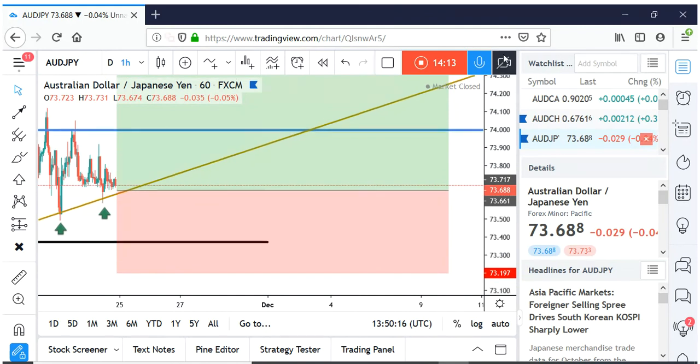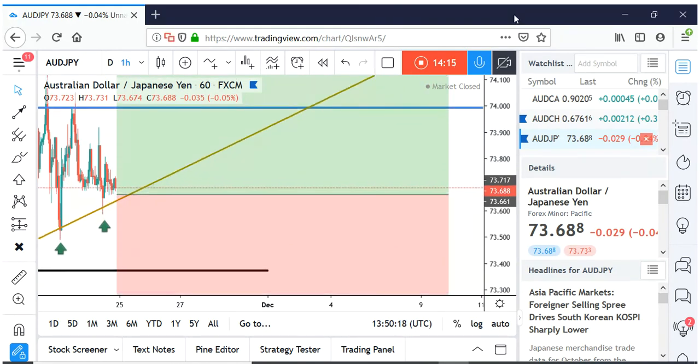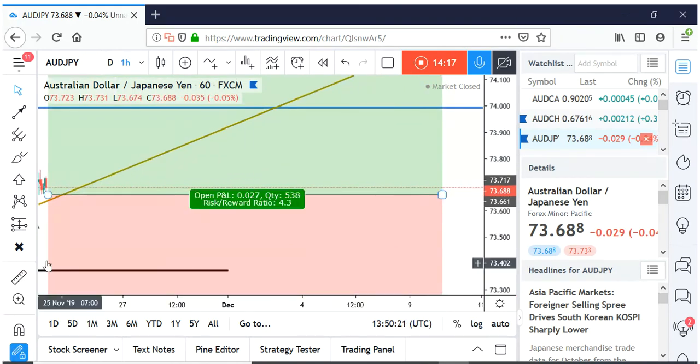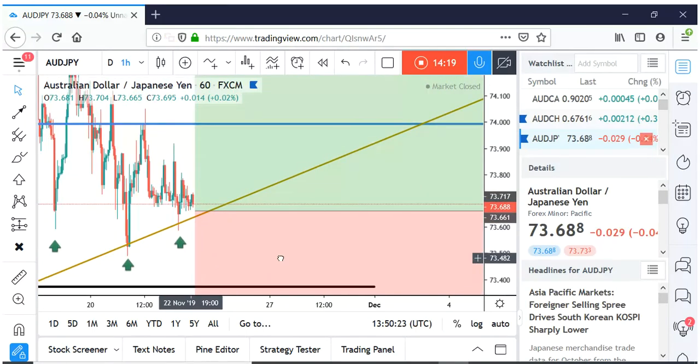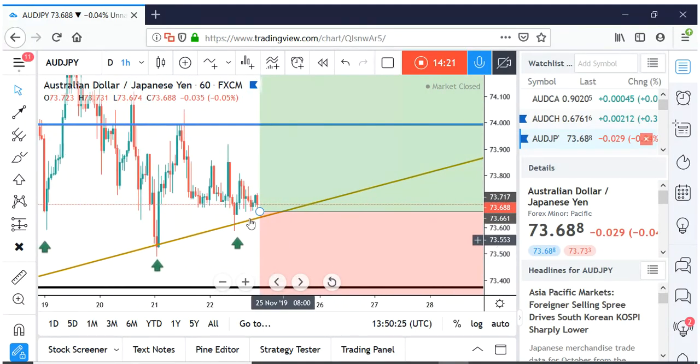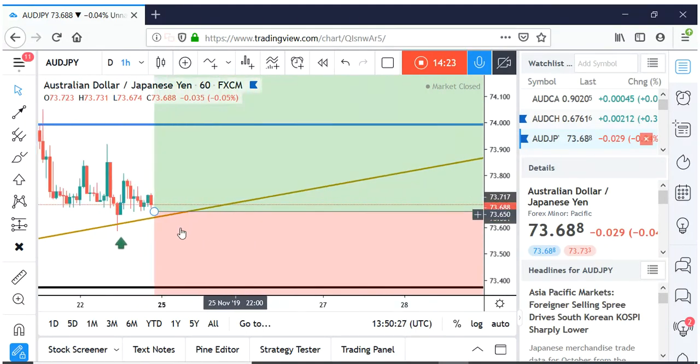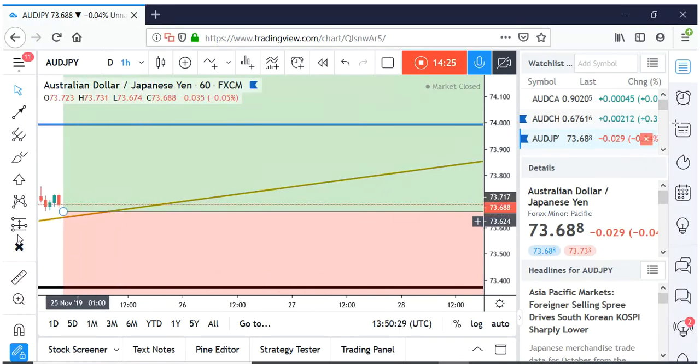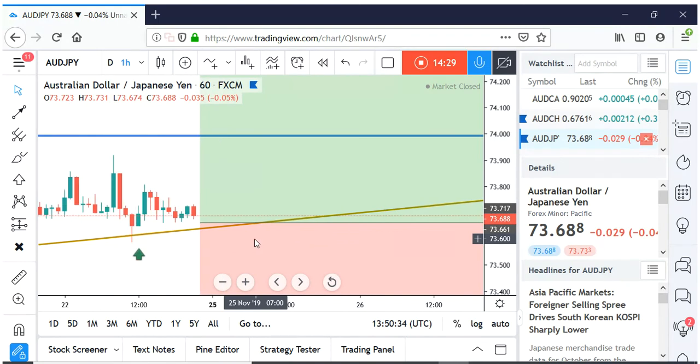When the market opens at 10 p.m. tonight, from tomorrow morning we will be looking for a buy signal here. Actually, there's a buy signal already that has occurred here.